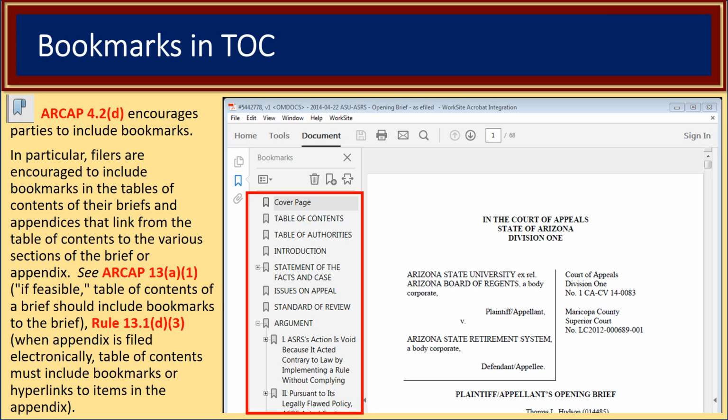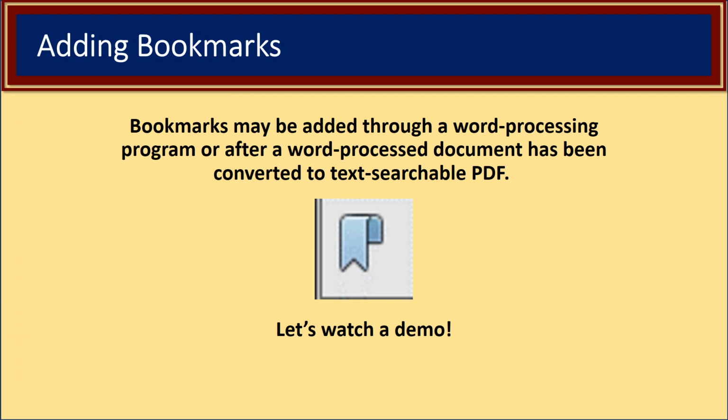And Rule 13.1D3: when an appendix is filed electronically, the table of contents must include bookmarks or hyperlinks to items in the appendix. Bookmarks may be added through a word processing program or after a word processed document has been converted to text-searchable PDF. Let's watch a demo.